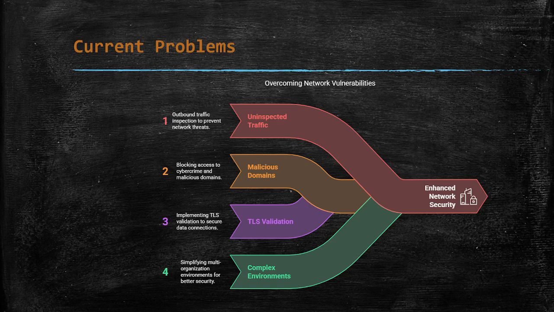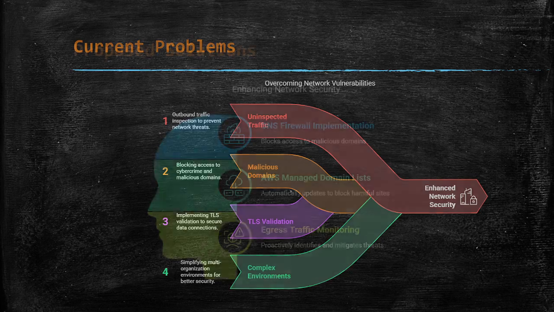So the solution I'm going to pitch is a cost-effective one, which doesn't rely on any third-party firewall. This solution is introduced by AWS and acts at the VPC level, but we can centralize it over multiple accounts and multiple VPCs as well. Let's move to the next slide.